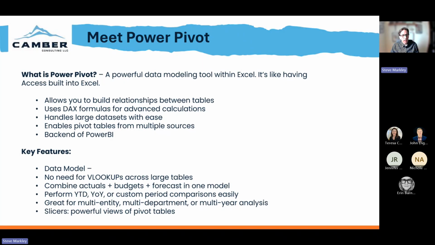In Excel, just using a straight pivot table, that would be very cumbersome and prone to error, because you're managing formulas and VLOOKUPs, and you can simplify that a lot with Power Pivot.